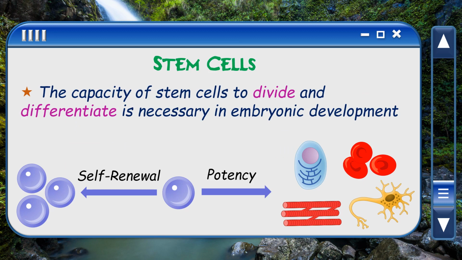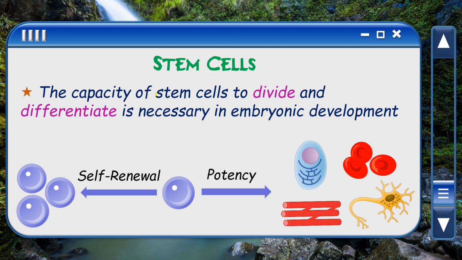Now, the capacity of the stem cell to divide and differentiate is necessary in embryonic development. We are talking about embryos now. An embryo starts with one cell.